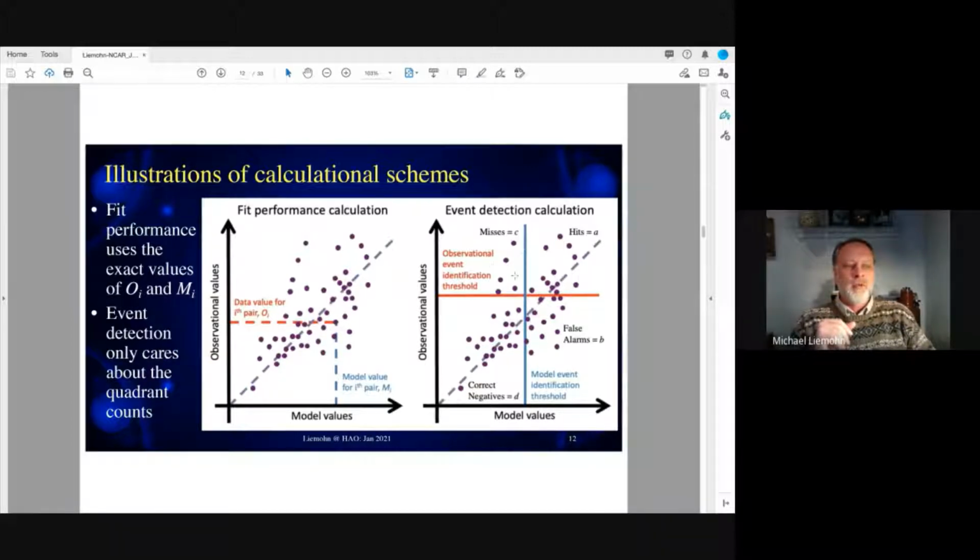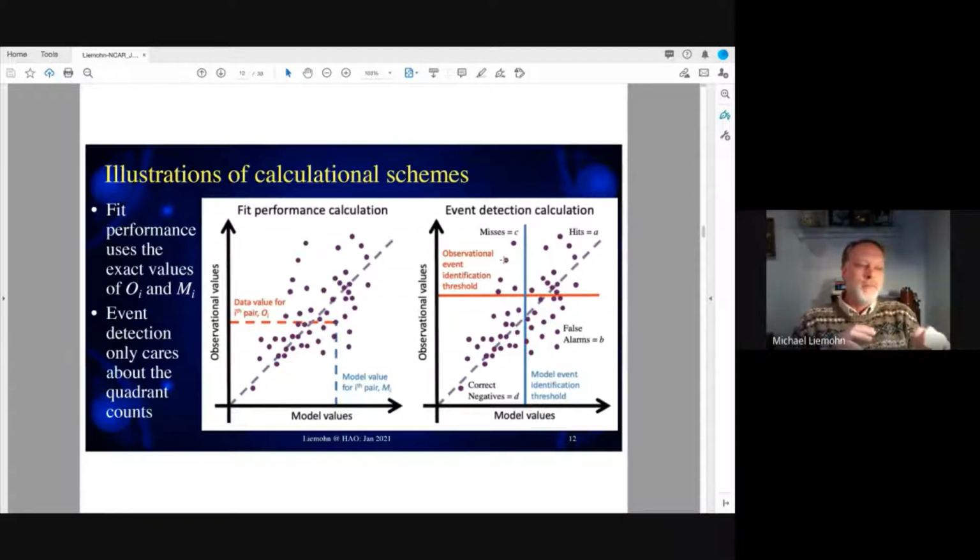And then you just count the number of points in these quadrants, and you name the quadrants. Hits, yay, that's a good value to have. Correct negatives, yay, that's another good value to have. That's where you want all the points, but you might have points in the two error bins, the false alarms or the misses, when one or the other are in event state and the other is not.